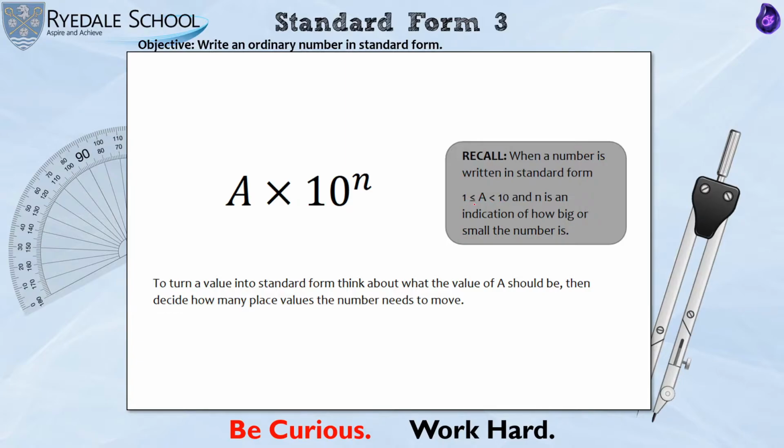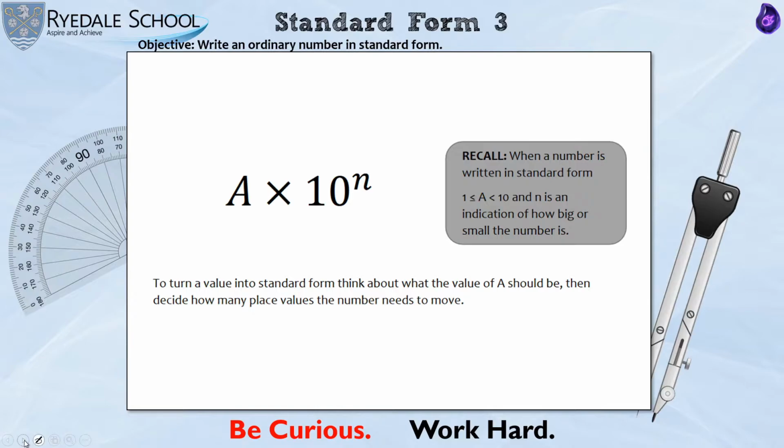It says 1 is less than or equal to a is less than 10. So a is between 1 and 10, and the value of the power is an indication of how big or how small it was. Okay? So to turn a number into standard form, it's going to be really, really crucial to figure out what that value of a needs to be.